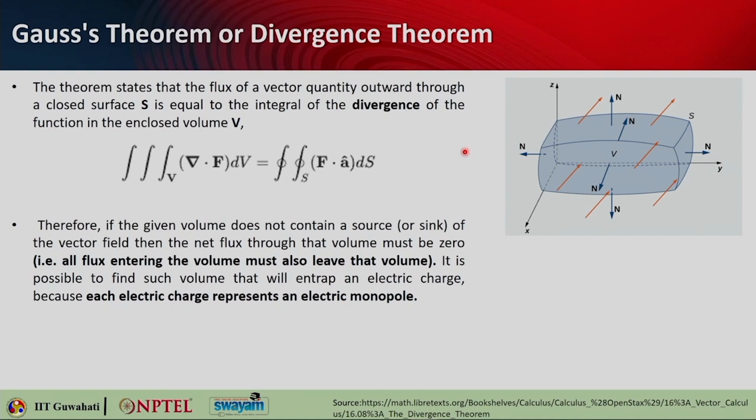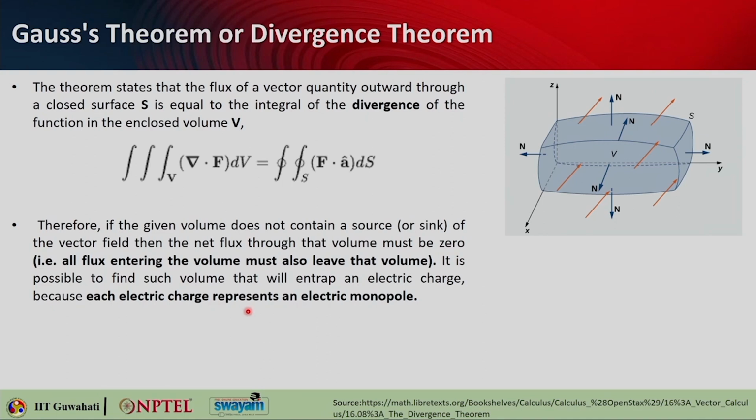That if this particular volume does not contain a source or a sink, it means the net flux through that volume must be 0. That means there is no flux originating or terminating at a particular place inside this volume. So all the flux that is entering this volume must also leave this volume. It is possible to find such a volume that will entrap an electric charge, because each electric charge represents an electric monopole.